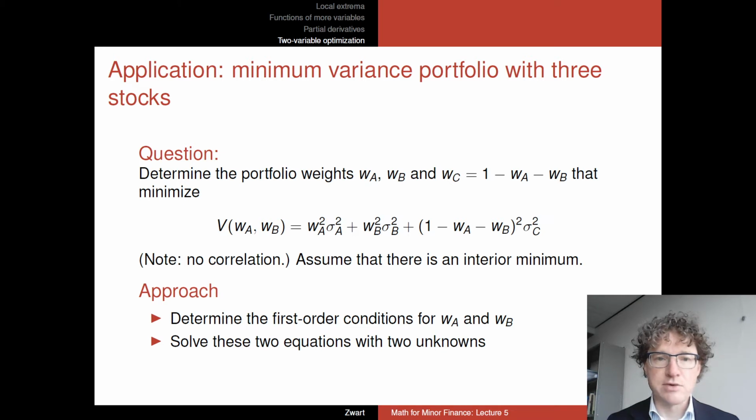So what is the variance when we choose weights WA and WB, and therefore by definition essentially the weight of stock C will be the remainder, 1 minus WA minus WB.